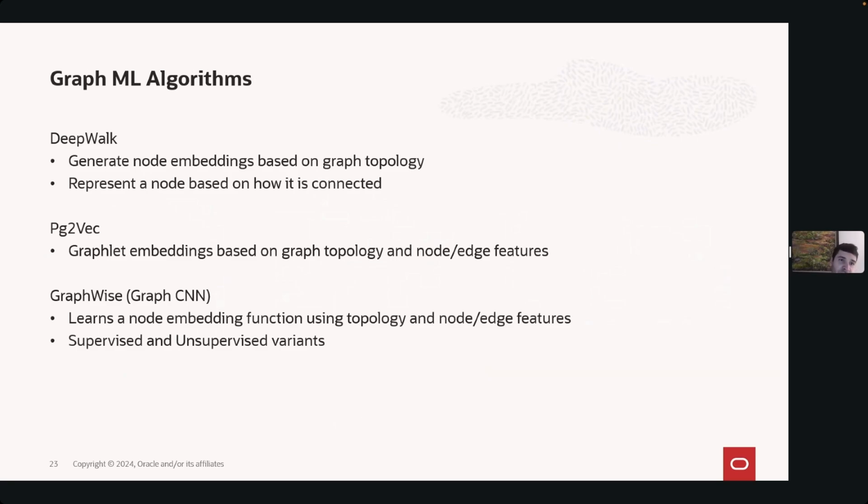DeepWalk was, for example, one of the first graph machine learning models published, and it's still relevant here because DeepWalk can help learn embeddings on graph vertices, and it will capture closeness in the graph through the topology. And if facts are well connected, it can even help find close vertices in semantics.